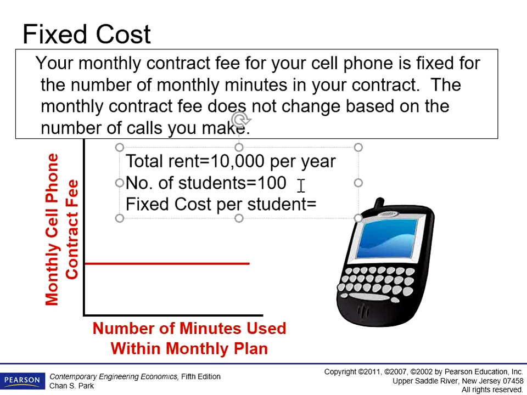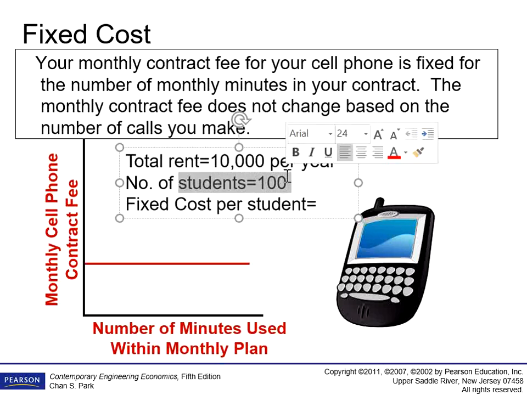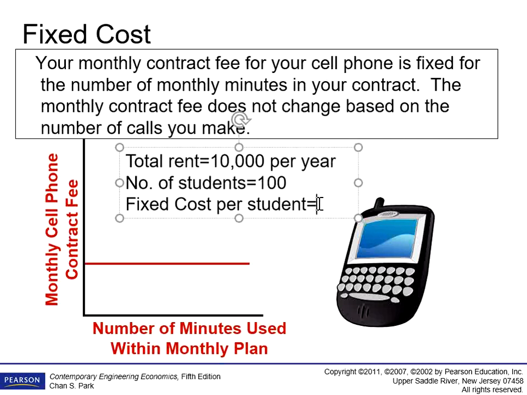How much is it? Can you calculate the fixed cost per unit? 10,000 divided by 100 will give us the one unit cost. So if you divide it, it will be how much? Yes, 100, dollars or reals, whatever it is. So the fixed cost per student is 100.